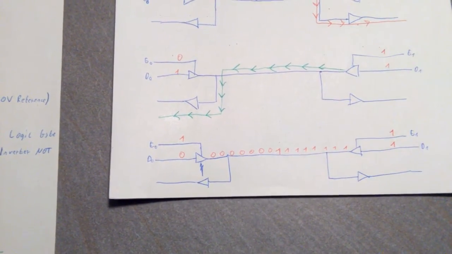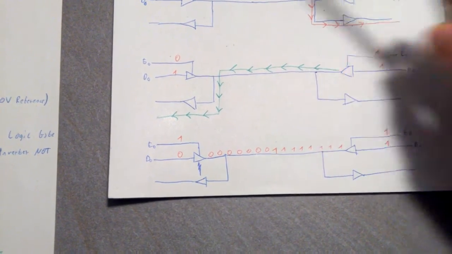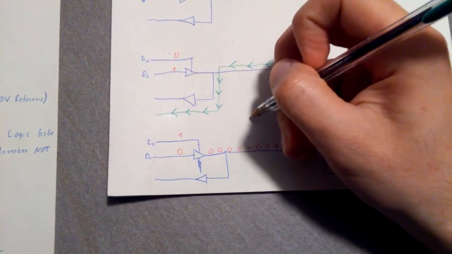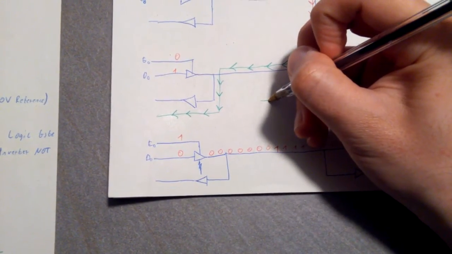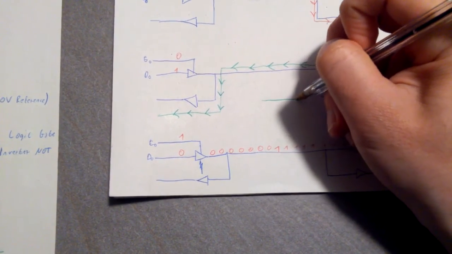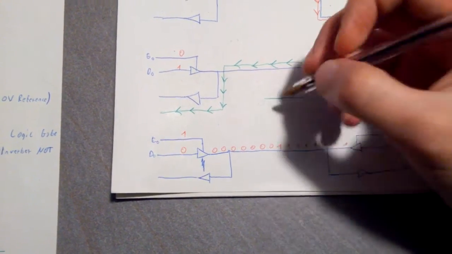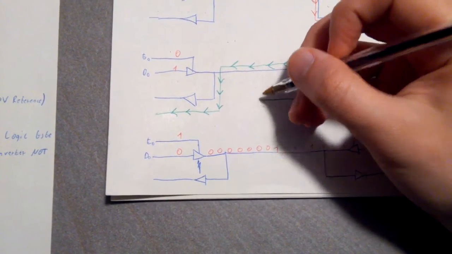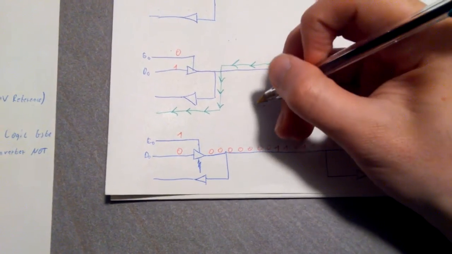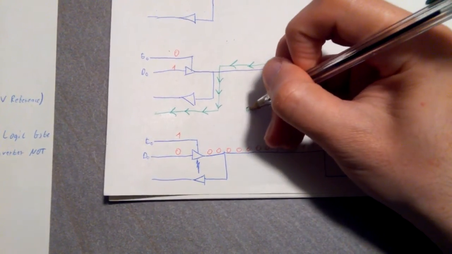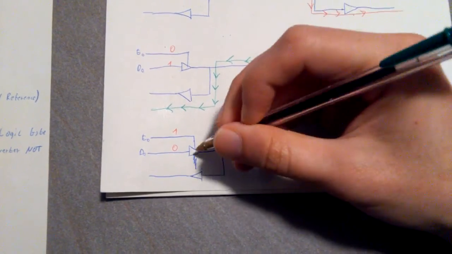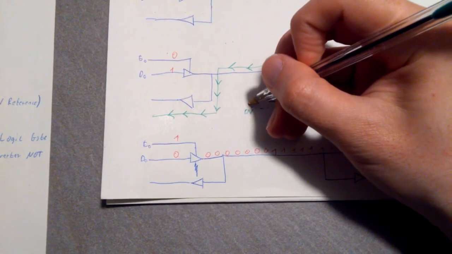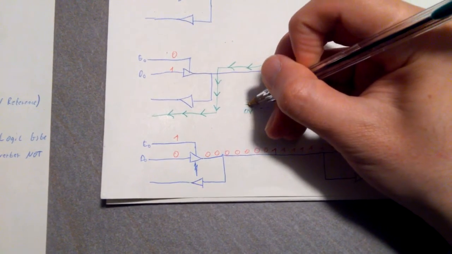So let's suppose that we have something like this. This guy here is sending a 0, which is still a 0. And it's not really 0 volt because it can't actually send 0 volt. So I suppose that it's sending like 2 volts.